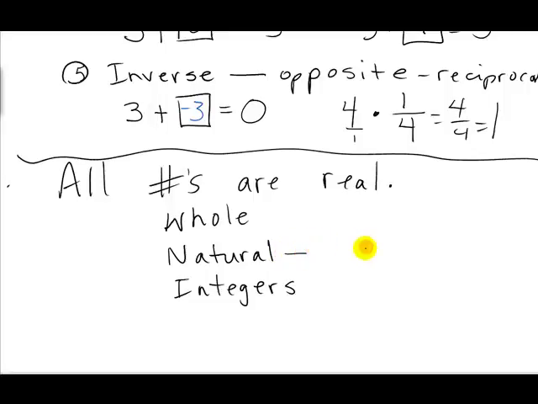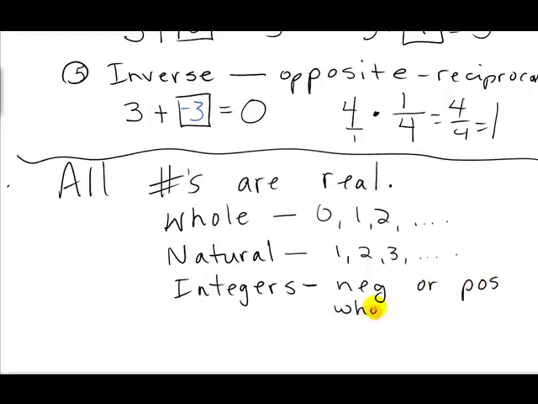Natural numbers, these are the counting, where you start with 1, 2, 3, and keep going. Whole numbers are the naturals plus the 0. And integers are the negative or positive whole numbers. So fractions aren't integers. We have fractions, but they're not integers. Integers are whole numbers.